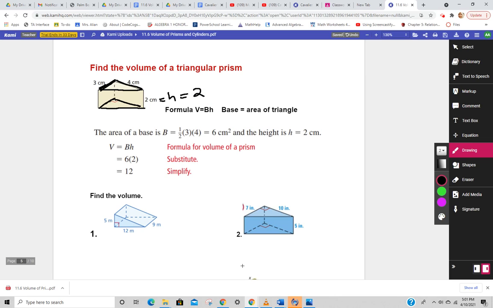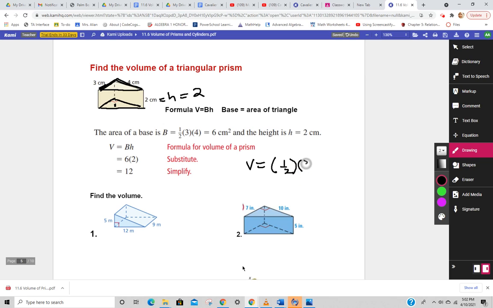To find the volume of a triangular prism, it's also found this way. Volume equals base times height, where base is the area of the triangle. Okay, so I'm going to do that over here. The area of the triangle is going to be 1/2. The height of the triangle is 4 and the base is 3.